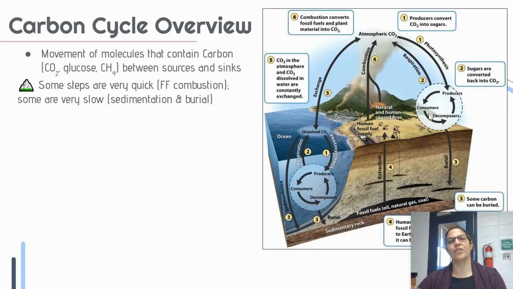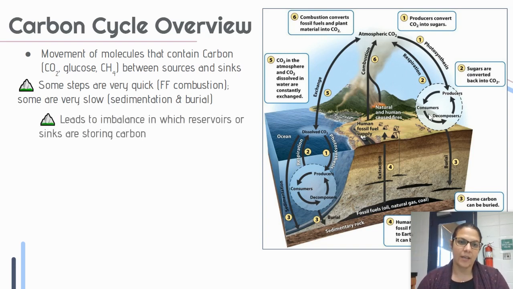So here is your general carbon cycle and a bunch of different routes that carbon can take. Because some of these routes are faster and some of them are slower, we have an imbalance in reservoirs. Some are storing more carbon and some are storing less carbon at different times.